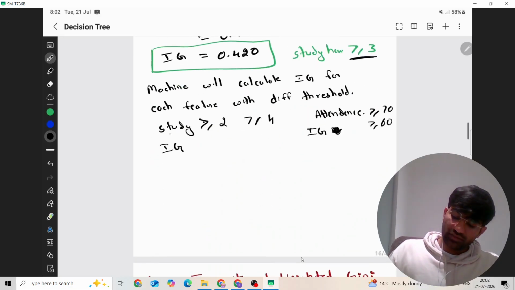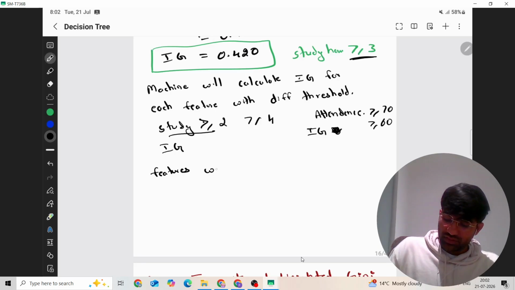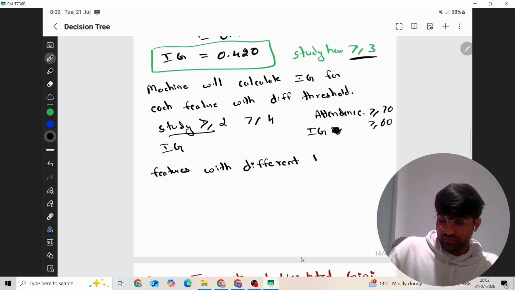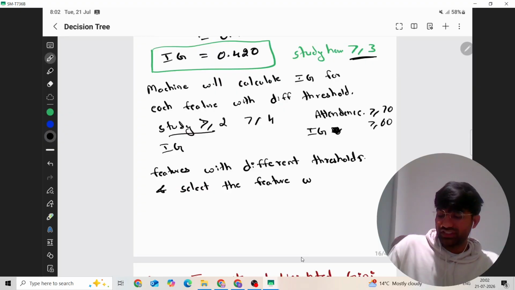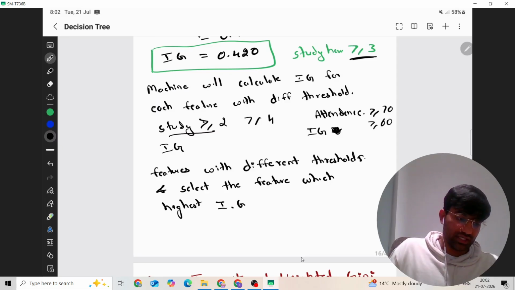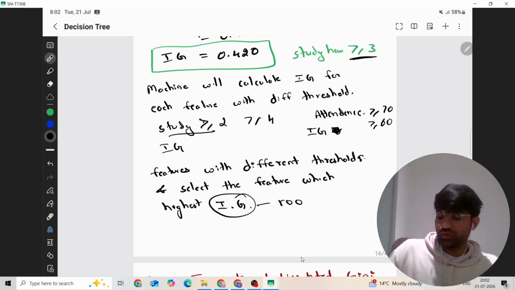Then it will compare the features with different thresholds and select the feature which has the highest information gain. This will be the root node to split the data.